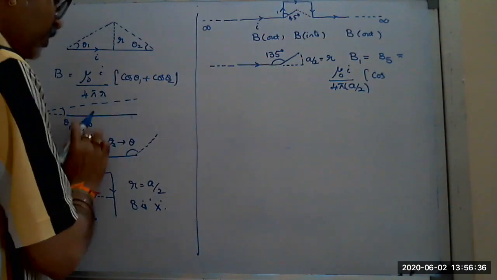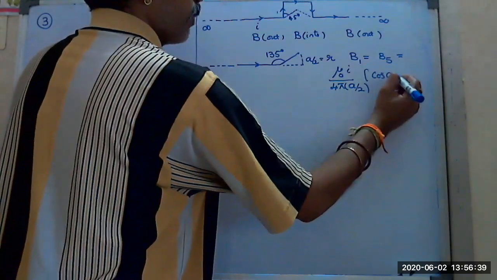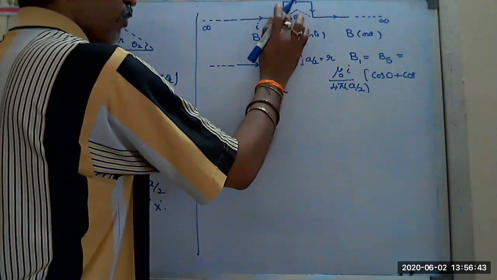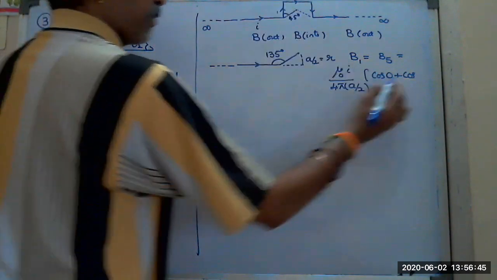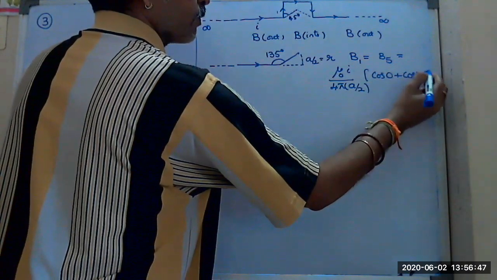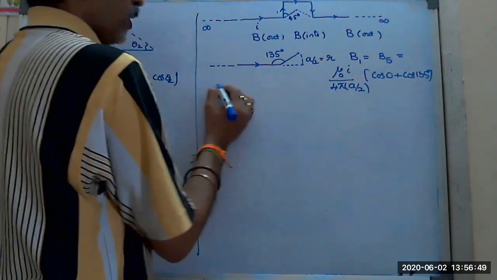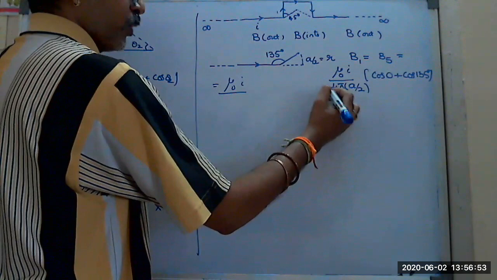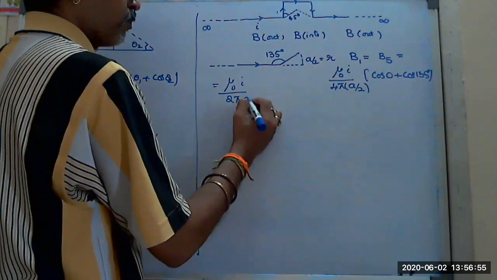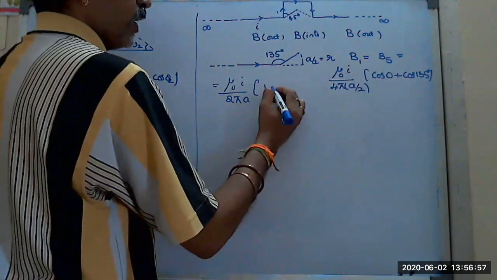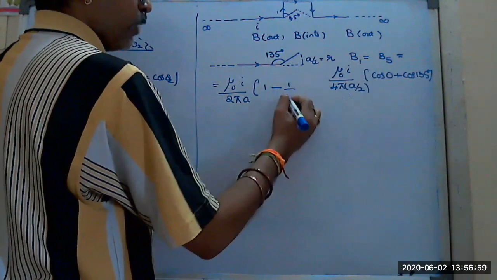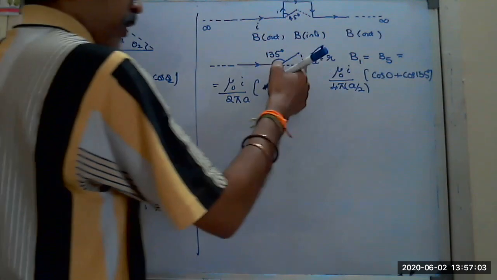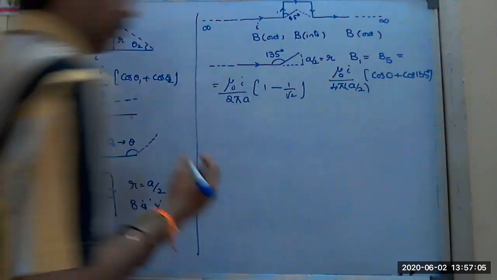Infinite means theta 1 is 0, cos 0, plus cos theta 2. The other end makes an angle not 45, total angle 135, cos 135. So you are getting this equal to mu naught I by, cancelling 2 here, 2 pi a into cos 0, 1, minus that is 1 by root 2. And keep in mind, both are outside.